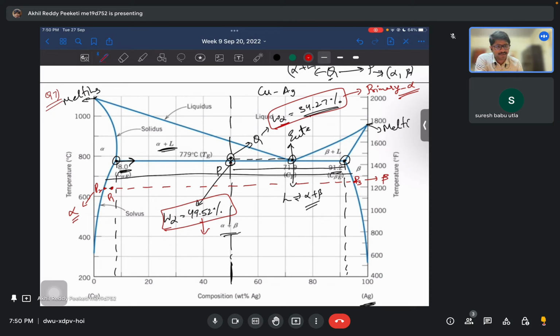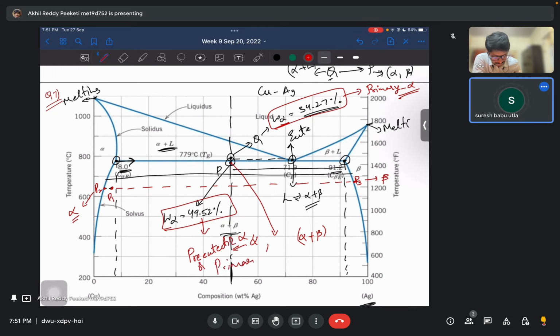The rest would be the alpha in the eutectic mixture. So at this point you will have alpha and alpha plus beta. This is pro-eutectic alpha or primary alpha, and this is eutectic mixture alpha and eutectic mixture beta.